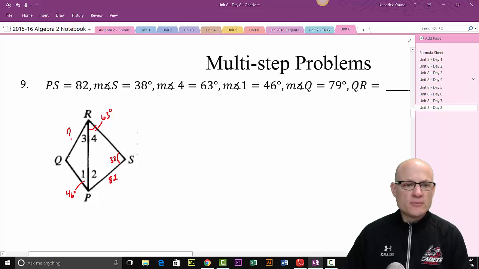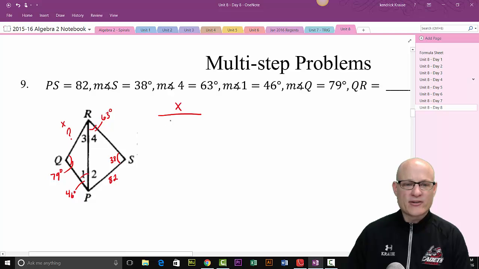Angle Q is a 79-degree angle. And so the question is, what is QR? So don't write this down, but if I was doing this, QR, we'll call this X. X is opposite angle 1.